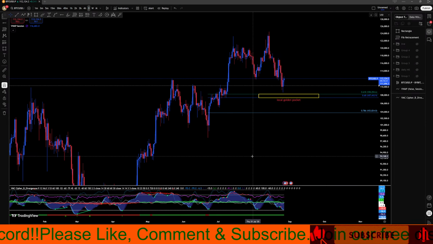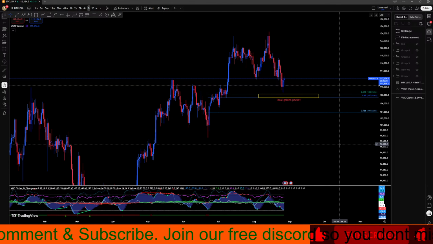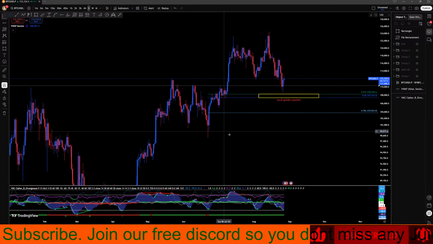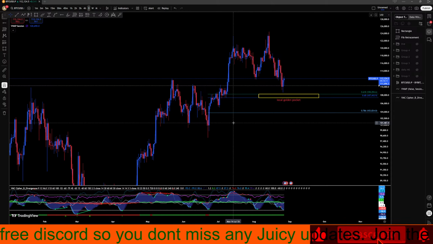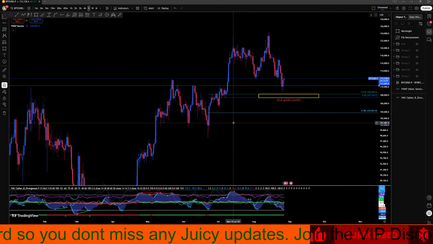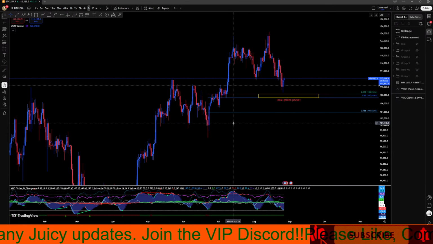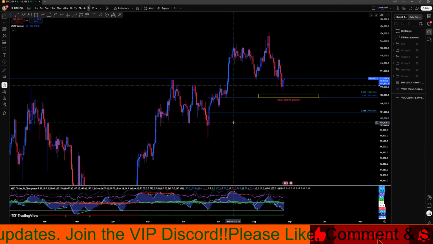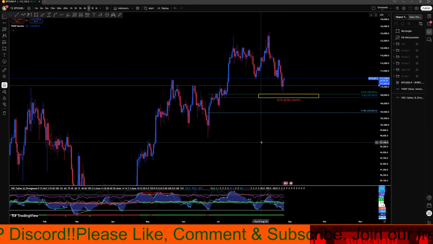So this is how you basically would go about using the fib retracement tool, and how you would identify an area where price is likely to have a reaction for a move back in the trend direction.